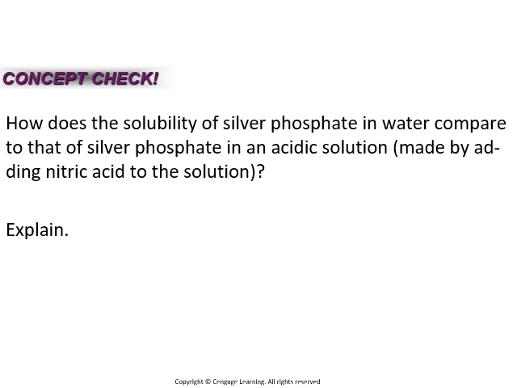But regardless, it's still the conjugate base of an acid. Because it will form HPO4 2 minus from PO4 3 minus, then it will take PO4 3 minus out of the equilibrium. So it will shift the equilibrium to the right. So the solubility will be more if you add acid to a silver phosphate solution.